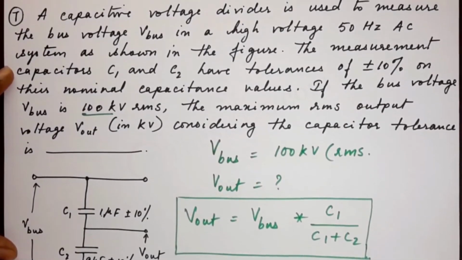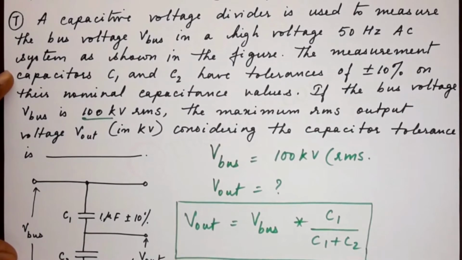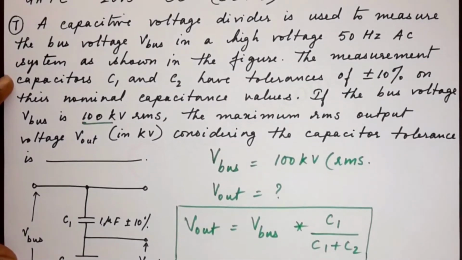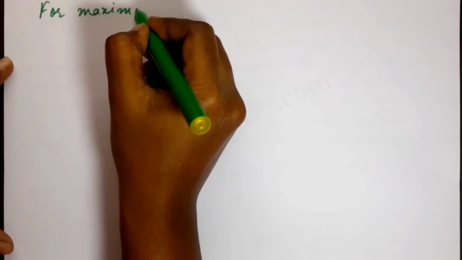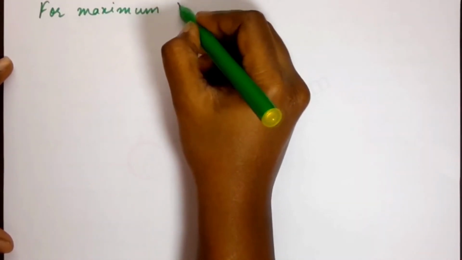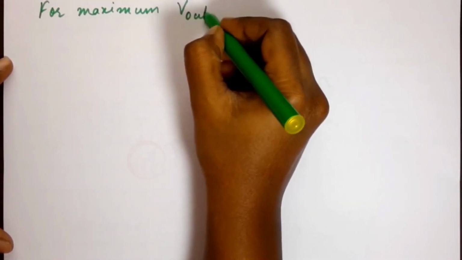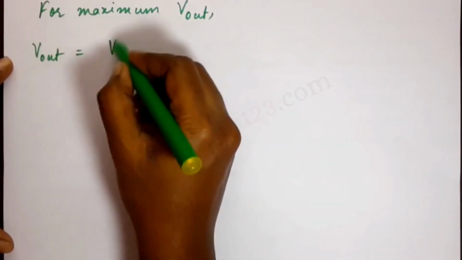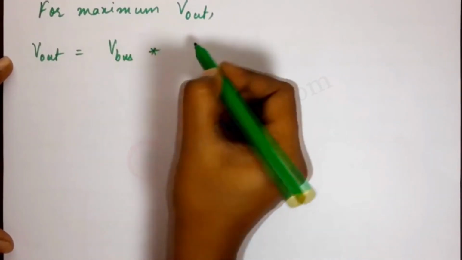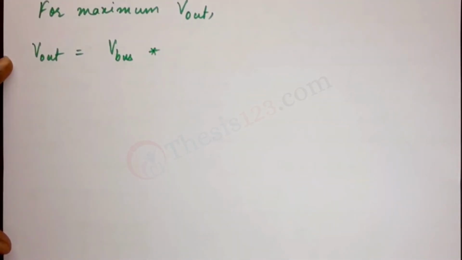Now, let's substitute the values into this equation. So now let's write down for maximum voltage output, we have Vout is equal to V-bus into C1.